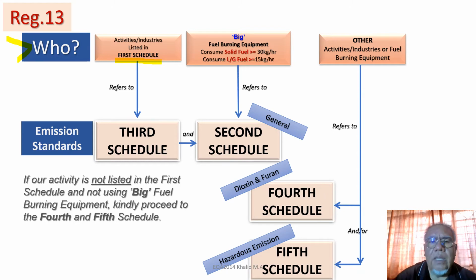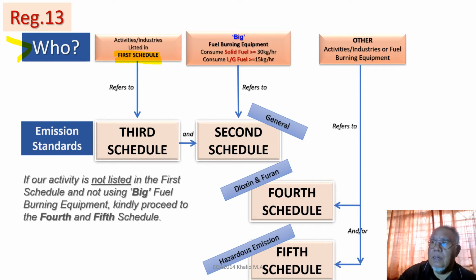Now, this is how you go about this law. Regulation 13. The first question is to ask whether we are subscribing to this particular first schedule. Auditors, especially, please ask your client, are they in the first schedule or not? That's the first question.